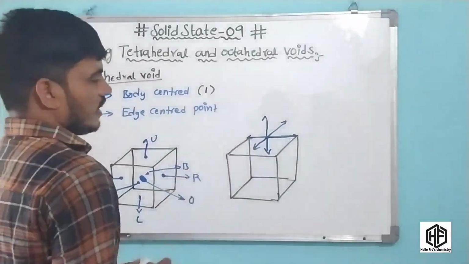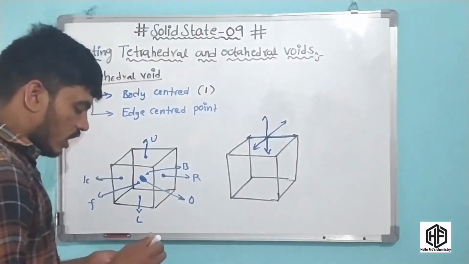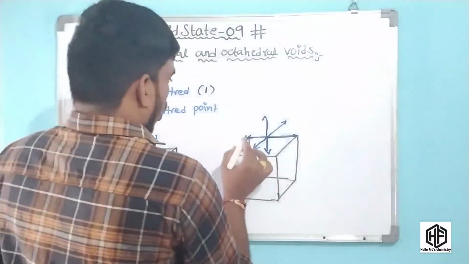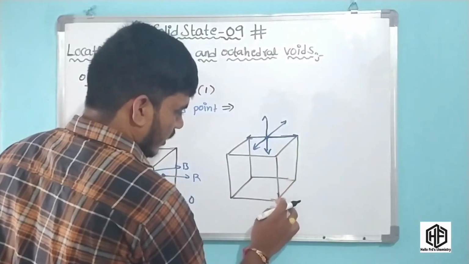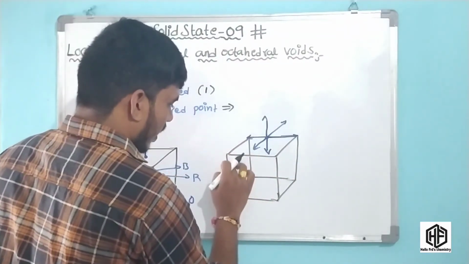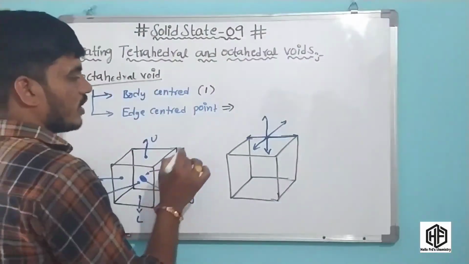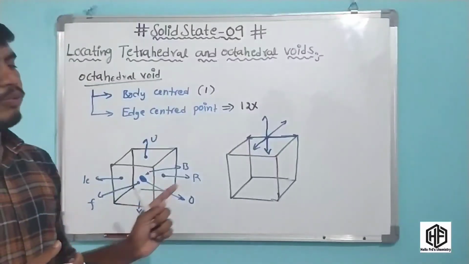At the edge centers, how many edges are present in this cube, friends? This is one edge and 2, 3, 4, 5, 6, 7, 8, 9, 10, 11, 12. 12 edges are present. 12 edges into what is the contribution of the atoms?